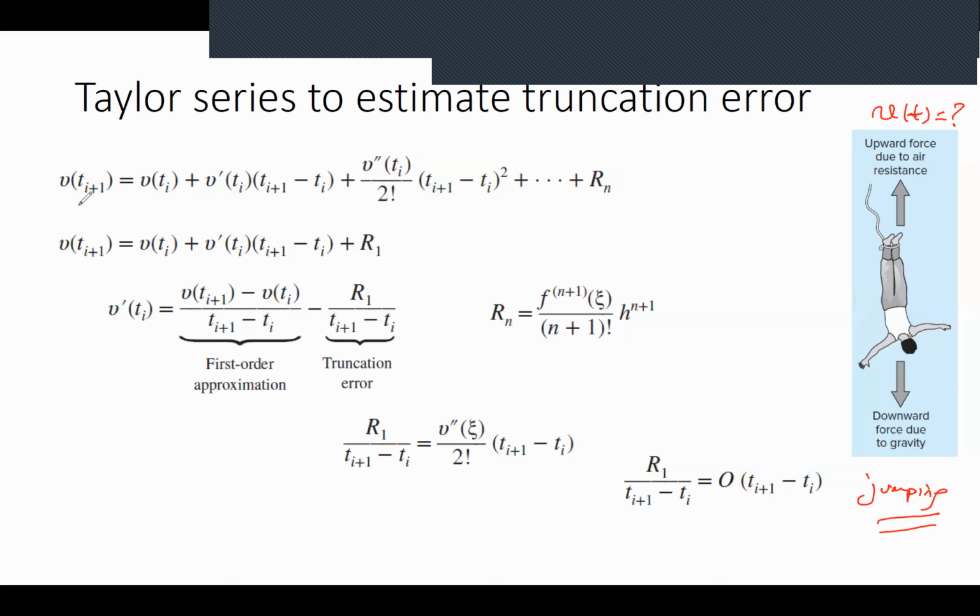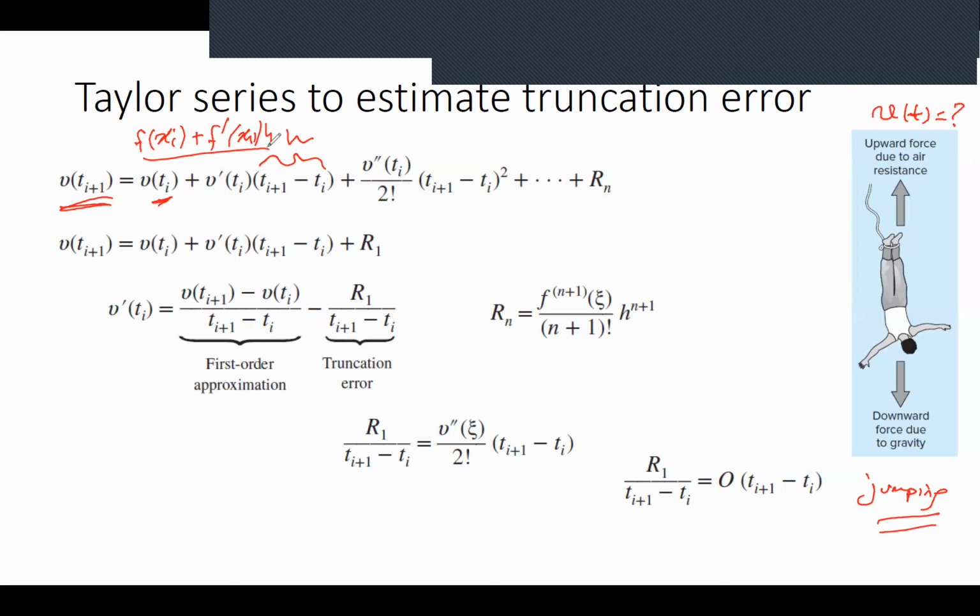So we can write then velocity at time instant t_{i+1} in terms of the velocity at time instant t_i, using Taylor series. So this is the Taylor series. Simply here, you imagine that this difference is h. So this was f(x_i) plus f prime(x_i) times h. So you remember the previous equation.